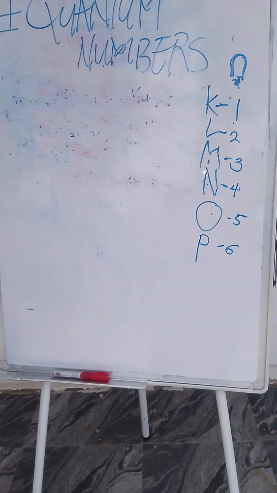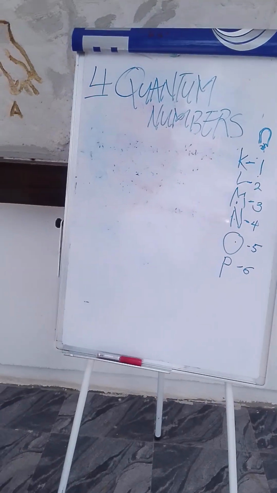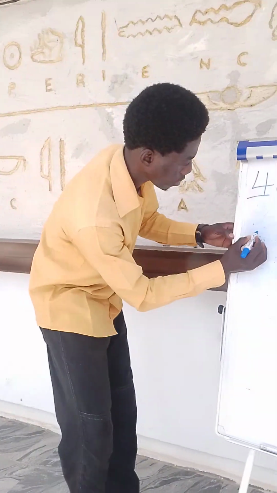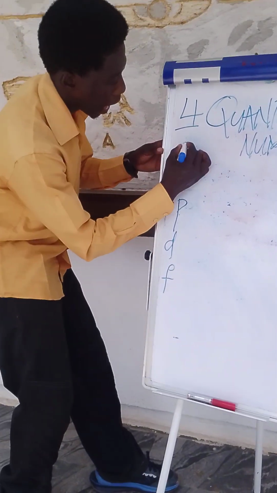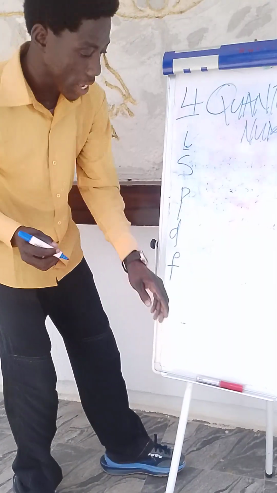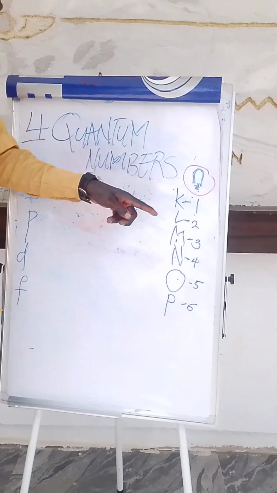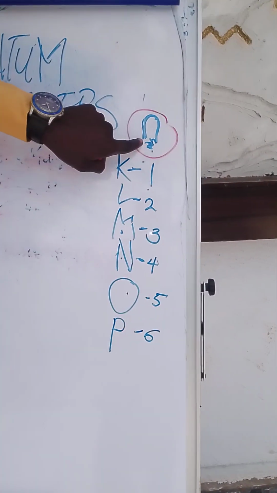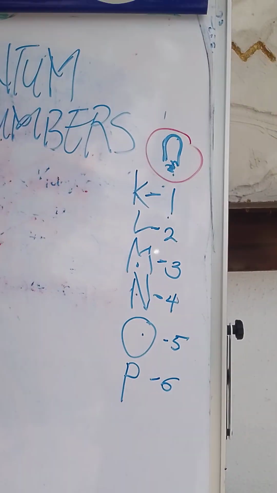But coming to azimuthal, azimuthal is telling you about the shape, whether it's spherical, whether it's dumbbell. So S, P, D, F. This is your azimuthal. Please don't forget. The letter N is what we use to represent principal.